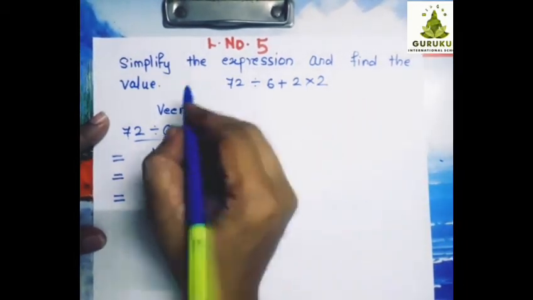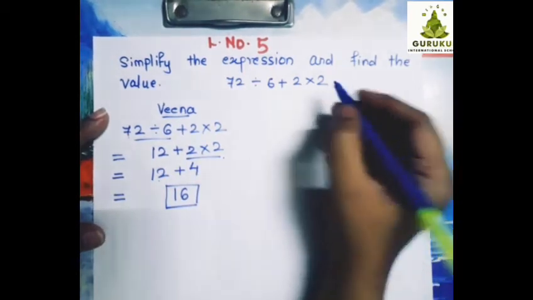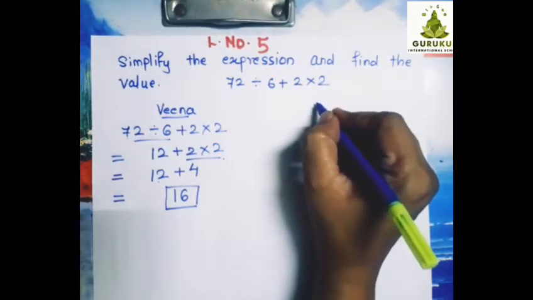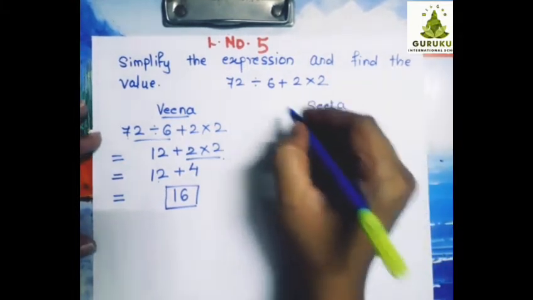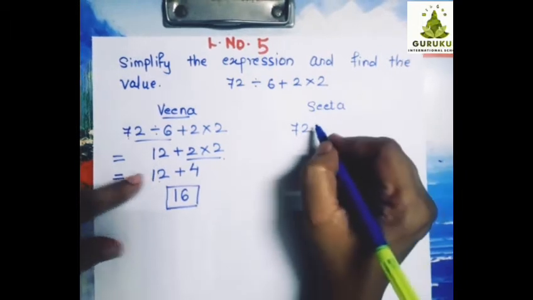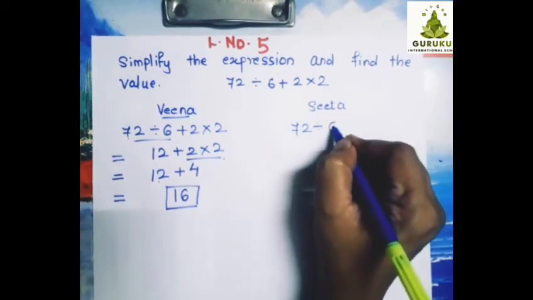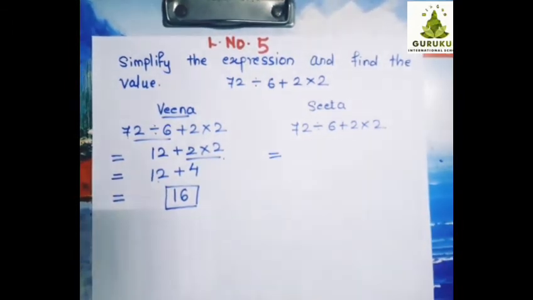Same sum, suppose it is given to another girl whose name is Sita, and she is solving this sum. Now this was Veena's method. Let us see how Sita follows the method.